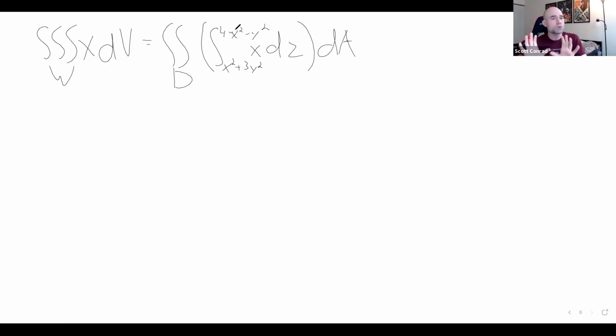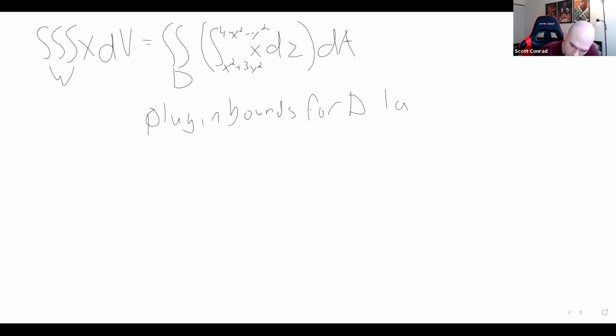Okay, so let me give you a small bit of advice that'll help in the future when we're doing integrals, especially when we get to cylindrical and stuff. This is going to make life a lot easier. Let's just plug in the bounds for D later.